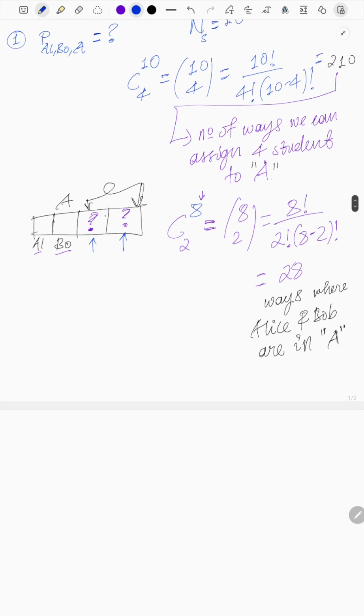Therefore, the probability we want is now the probability of Alice and Bob to be in Group A. We have the number of ways Alice and Bob are present in Group A over the total number of ways we can form Group A, the total number of combinations we can create Group A.